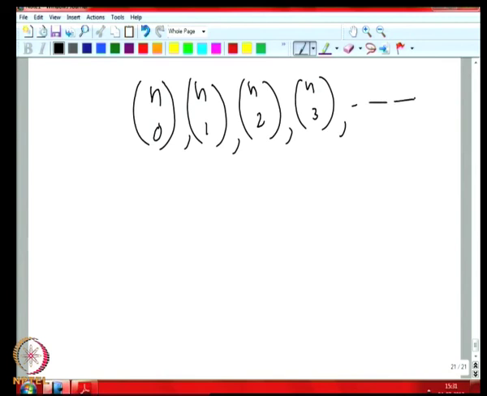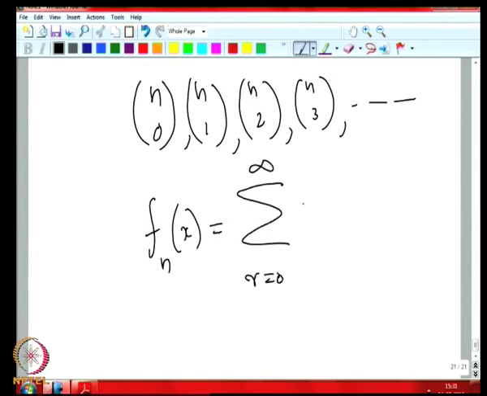This is one sequence, and the generating function f_n of x is defined to be the sum over r equal to 0 to infinity of n choose r x raised to r.